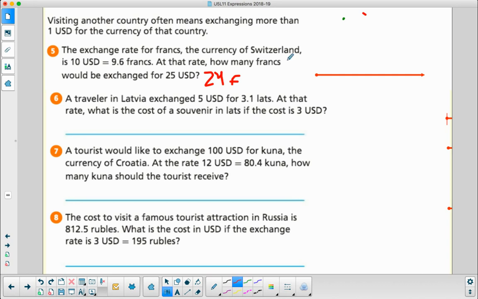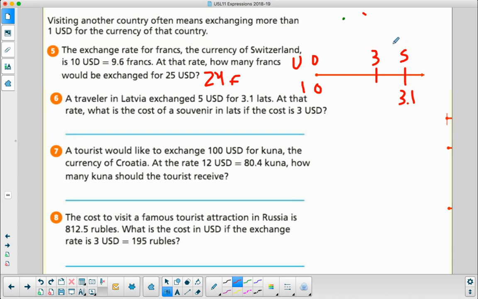So I'm going to put US dollars on top and lats on the bottom. $0 are 0 lats. 5 US dollars only gives me 3 1/10 lats. I want to know what $3 would give me.